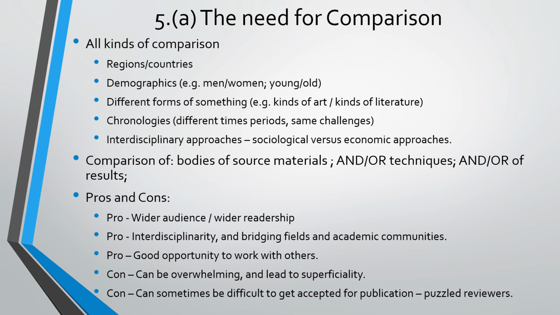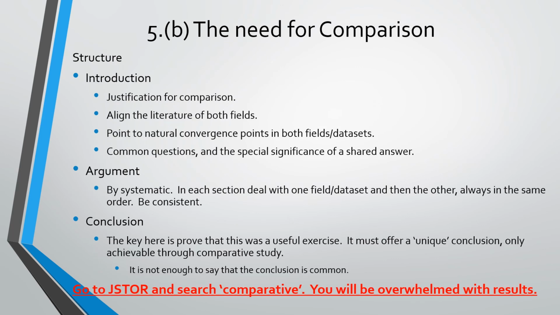You'll find that comparative work tends most often to be based in edited volumes, for example, where you can put several articles by different authors side by side to create comparisons. You need to really make clear the need for comparison right at the beginning of any such article or PhD chapter.